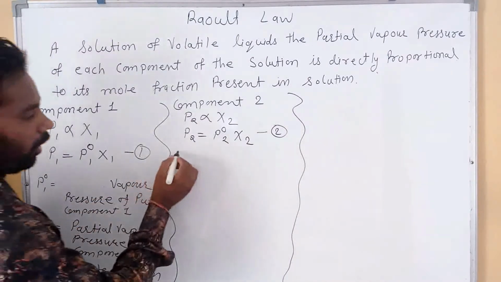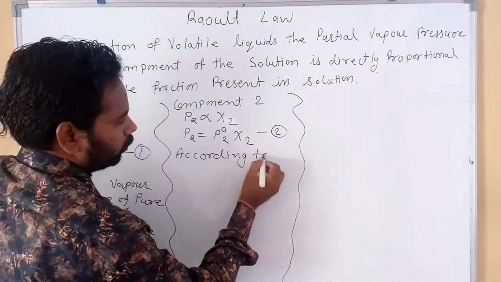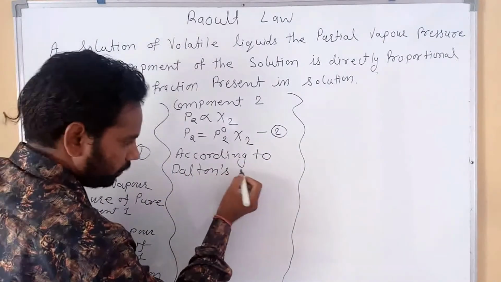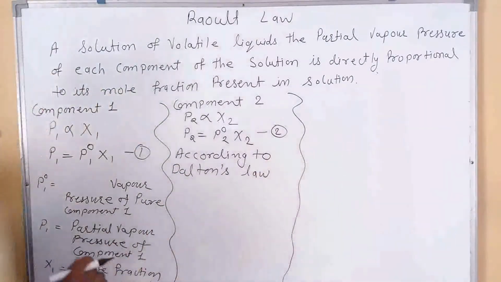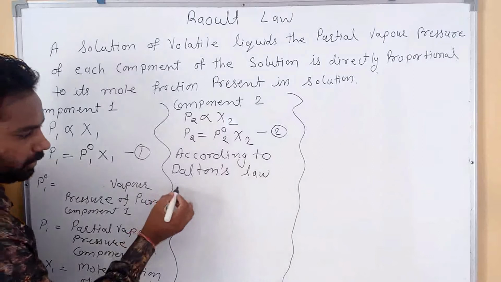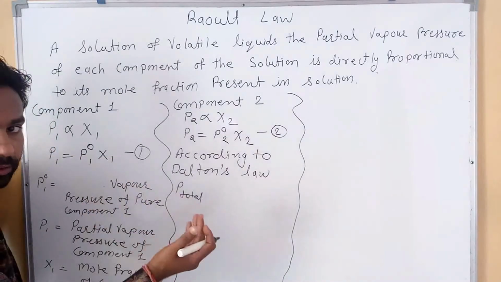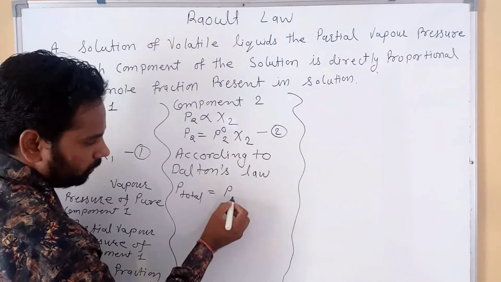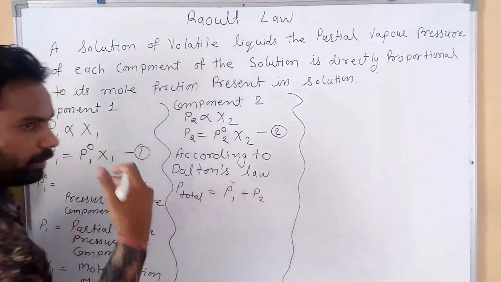Then according to Dalton's law, the total vapor pressure P of the solution is equal to the sum of the partial vapor pressures of the components.